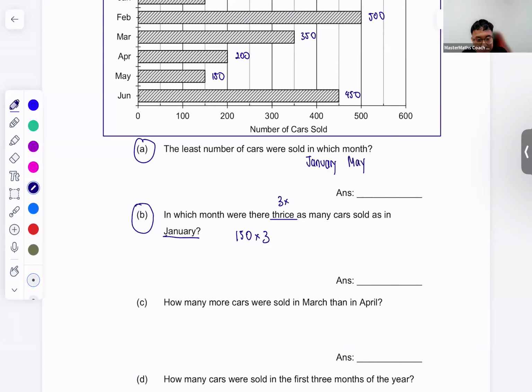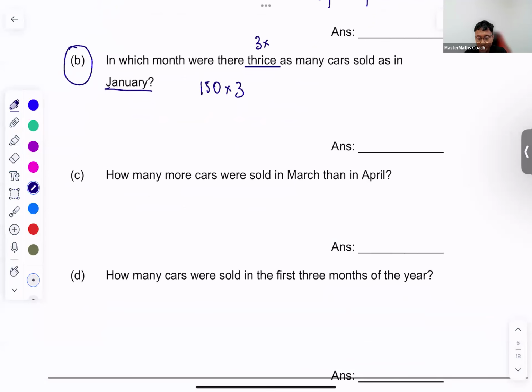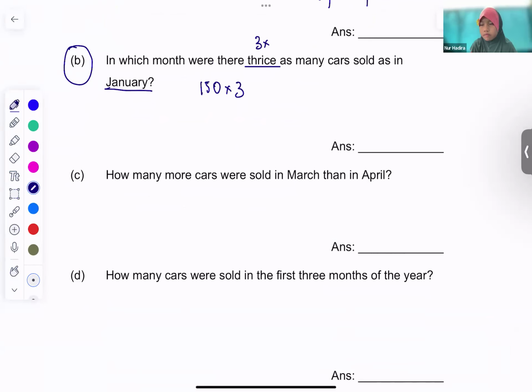What do you say? I don't learn about 100 times. Okay. Have you done the multiplication table before? For example, until 12. Okay, so you take 150 times 3, like that.